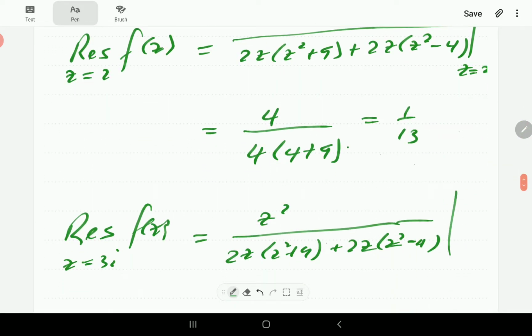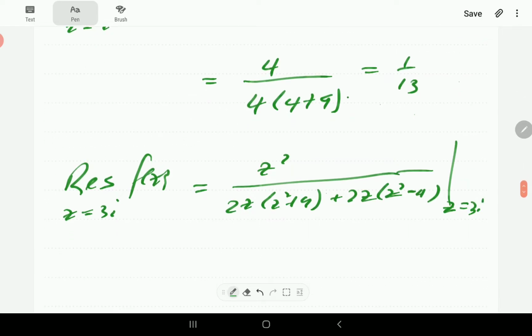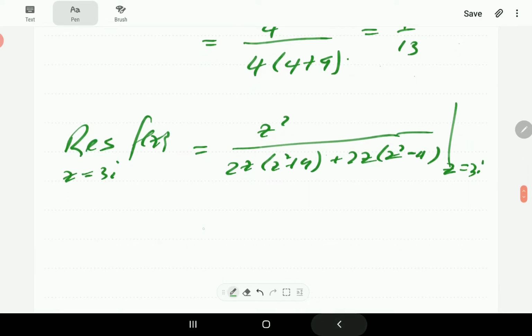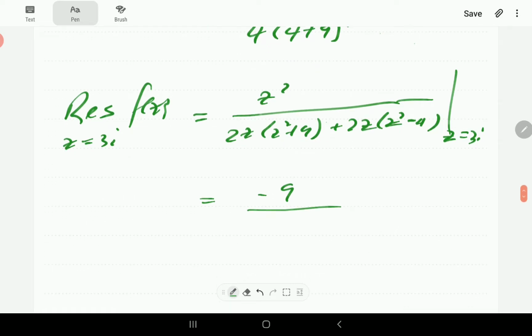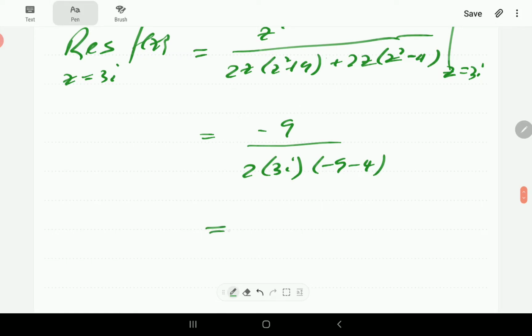So this time we're plugging in z equals 3i. When we do that, 3i squared is negative 9. This term is going to vanish, so we're just going to have that term there. So it's going to be 2 times 3i times minus 9 minus 4. So we're going to have minus 9 over 6i.